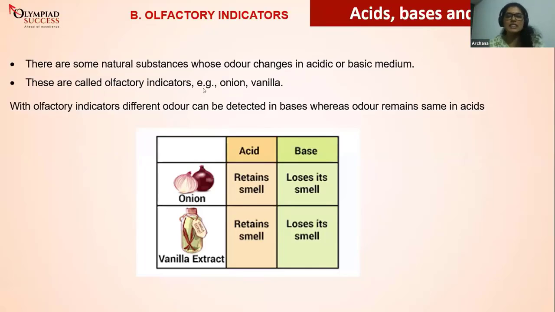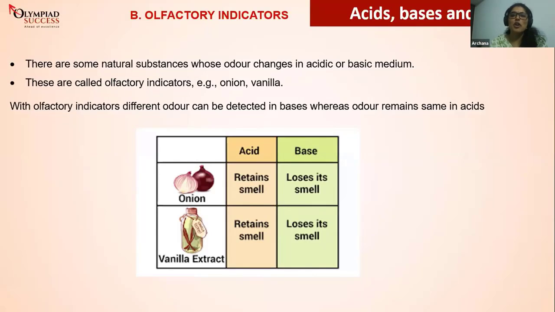Okay, the next kind of indicator is olfactory. We looked at natural indicators. They are turmeric, hydrangea, China rose. What else did we see? Litmus, red cabbage juice. Olfactory substances are also natural, but based on smell, we differentiate it. The major examples you can find in your household are onion and vanilla extract.